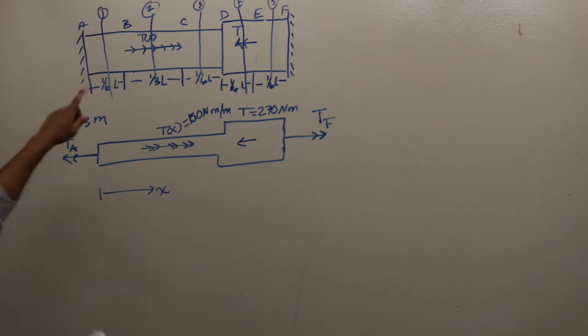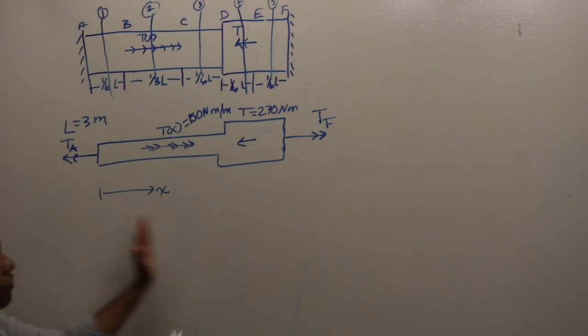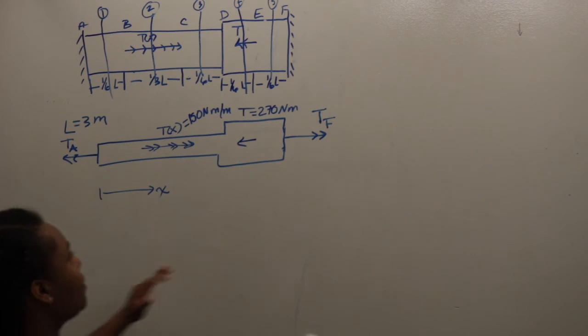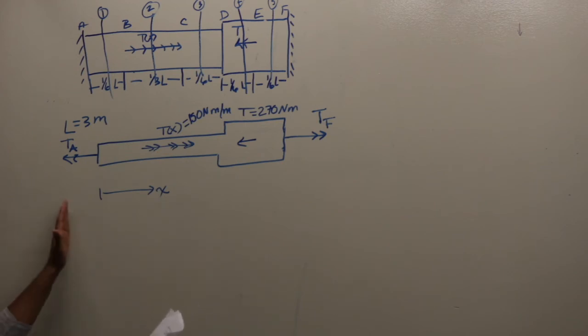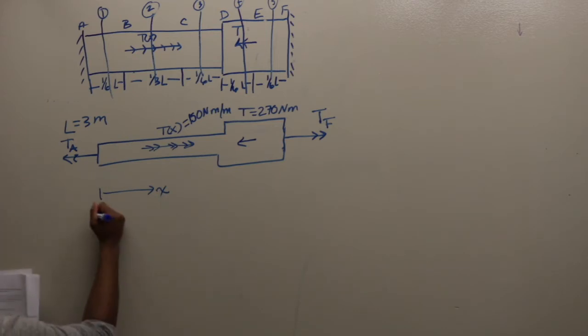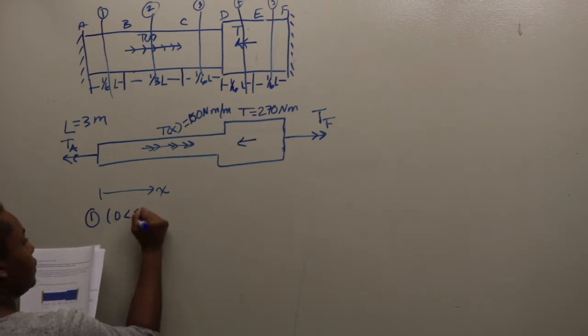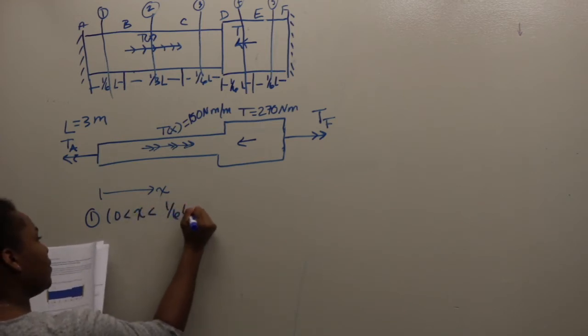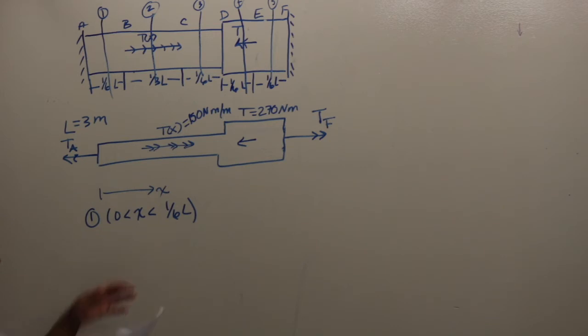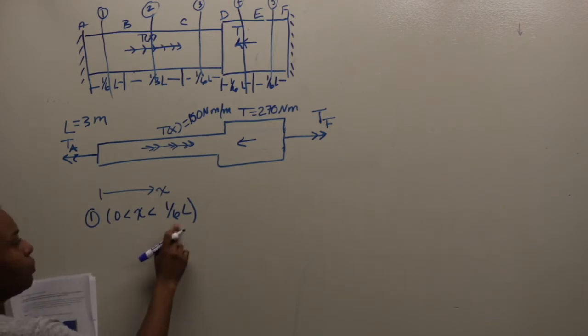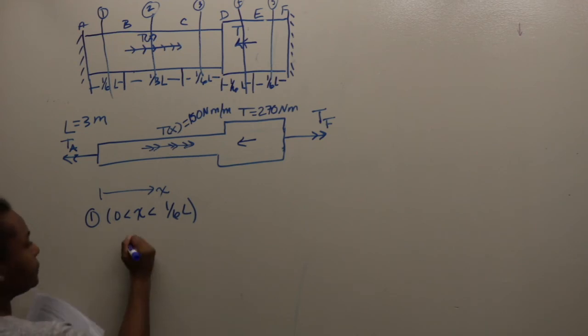So now we're going to do the individual cross sections. For me, I'm going from the left all the way to the right. I'm not coming from the right to the left at any time. For every cut, I'm going from the left all the way to the right, just for consistency in the answer. So cut 1 is between 0 and 1/6 L, where L is 3 meters, so that means this is 1/2, 0.5 meters.